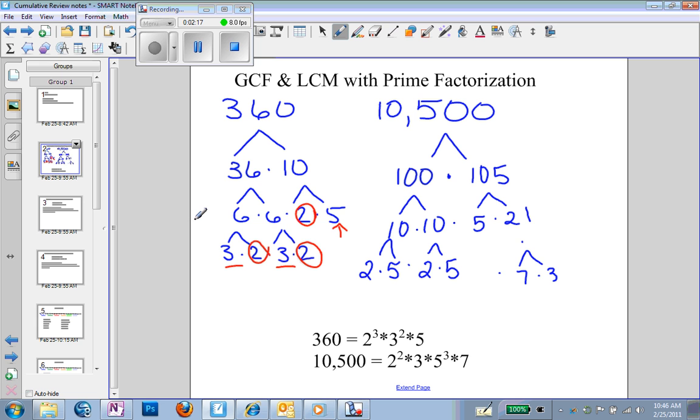So when I find my prime numbers here, I have 2 2s, I have 1 3, I have 1 7, and I have 3 5s. So my prime factorization is 2 squared times 3 times 5 cubed times 7. So this is the first piece, making sure we remember how to do the prime factorization.